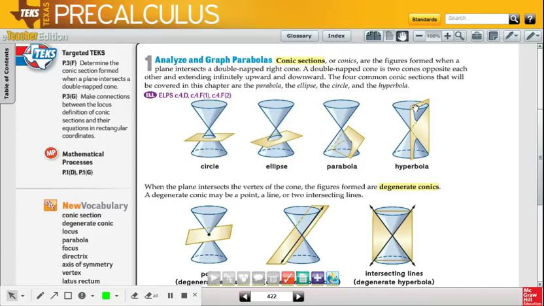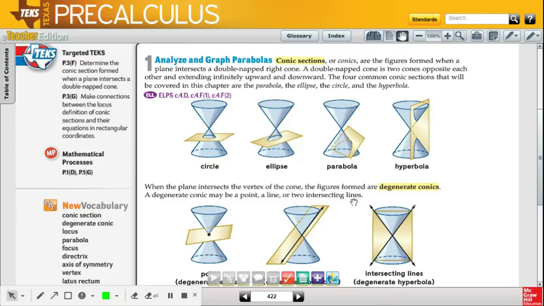Now, this can still be applied horizontally, depending on how the conic section is oriented. You see how it intersected both ends of the cones? So then at the intersection, there are going to be two parts of it on the graph.